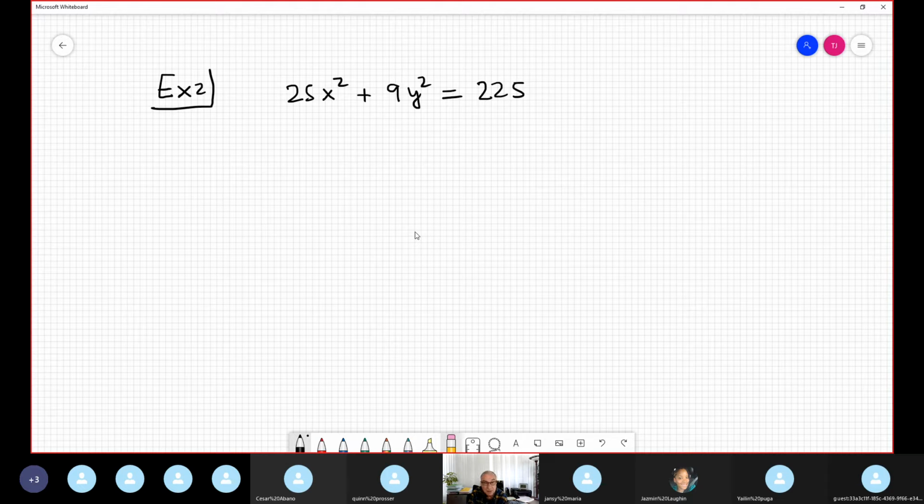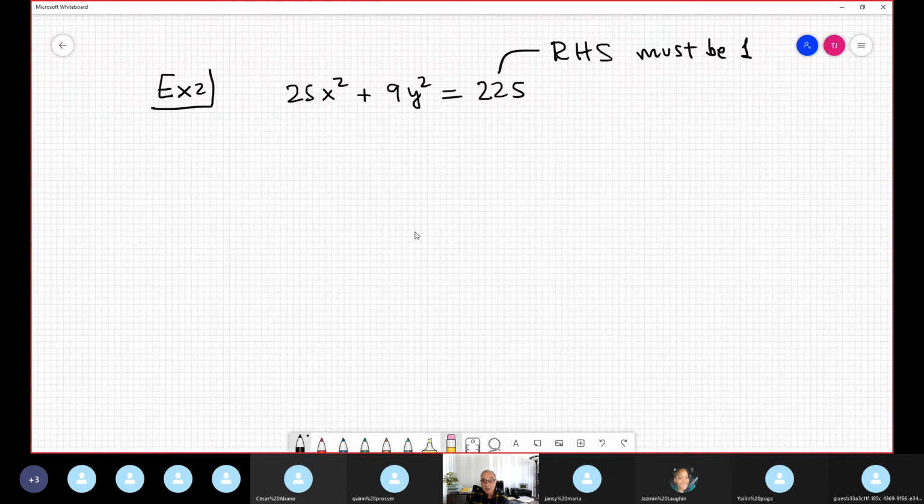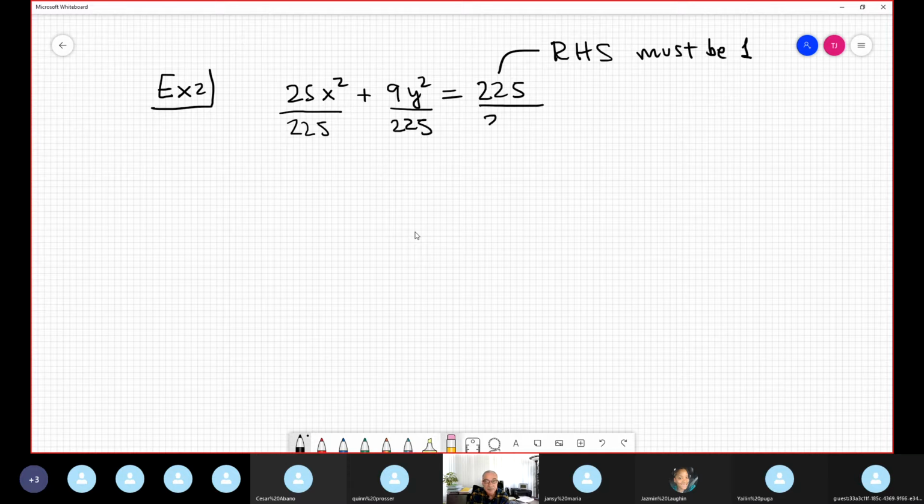It is obvious that this equation is not expressed in standard form, because in standard form the right hand side must always be 1. If you want to express any conic section in standard form, the right hand side must be 1. So you divide the entire equation by 225, because I need 1 on the right hand side.